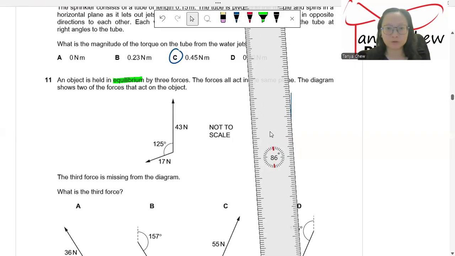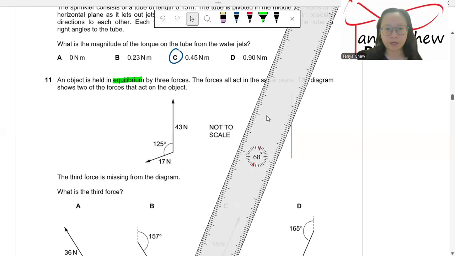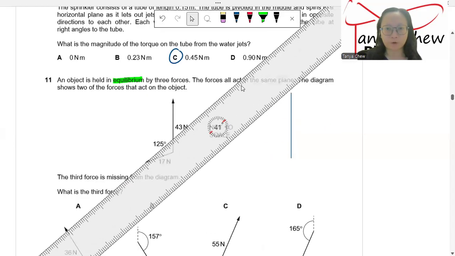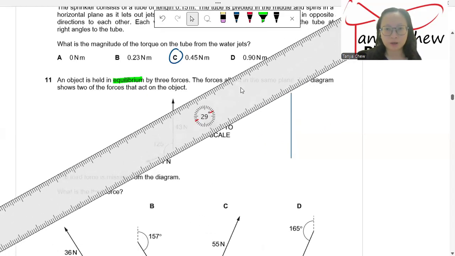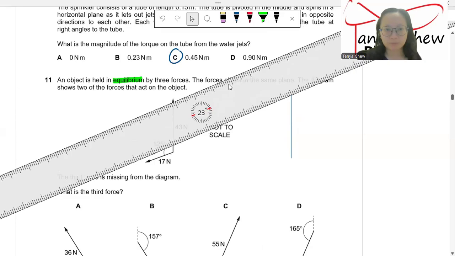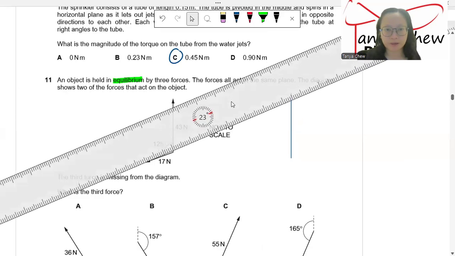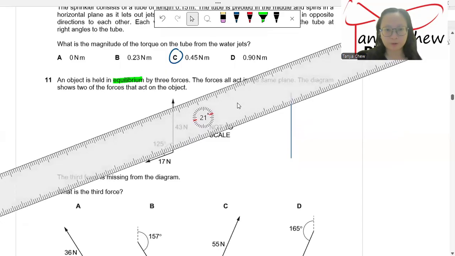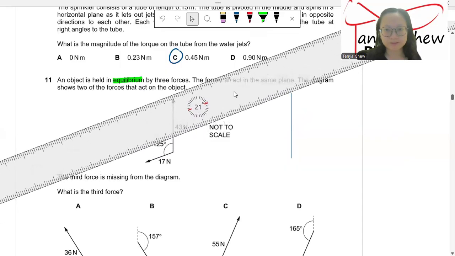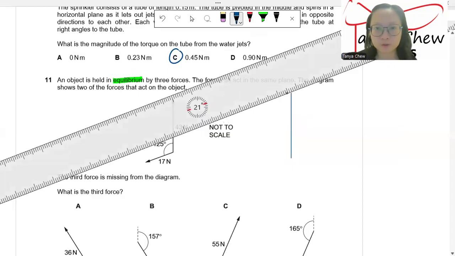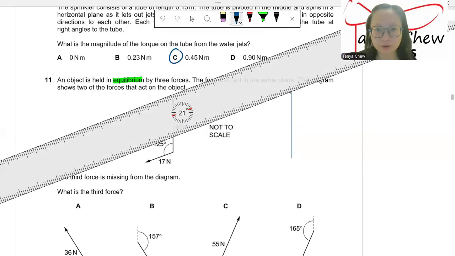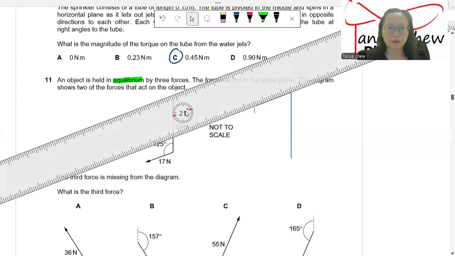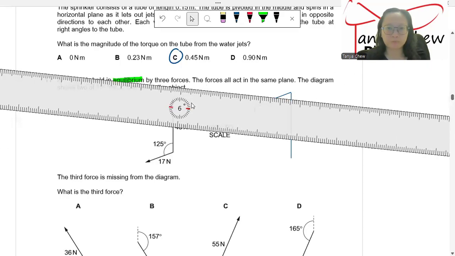And then it is followed by the 17 Newton, where the tip of the 43 Newton is joined to the tail of the 17 Newton. So I just draw my 17 Newton here.